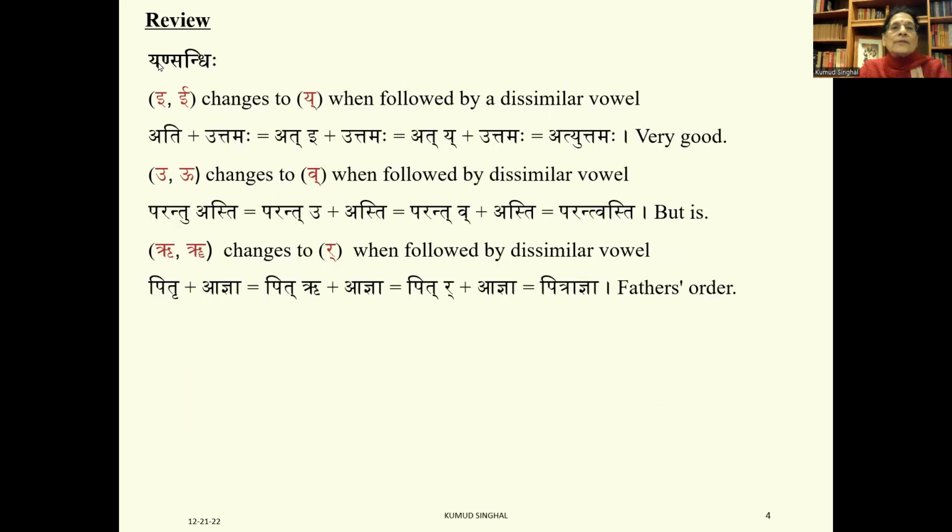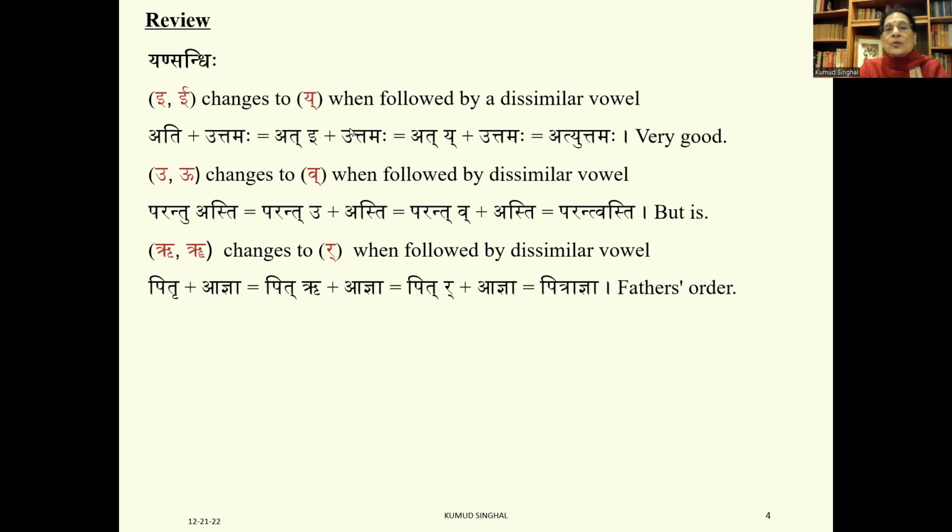So the fourth sandhi was yan sandhi, and yan sandhi says that i or ī changes to y, which is a semi-vowel, when followed by a dissimilar vowel. So ati uttamaha. Ati means very, uttama means good. Ati ends in i.